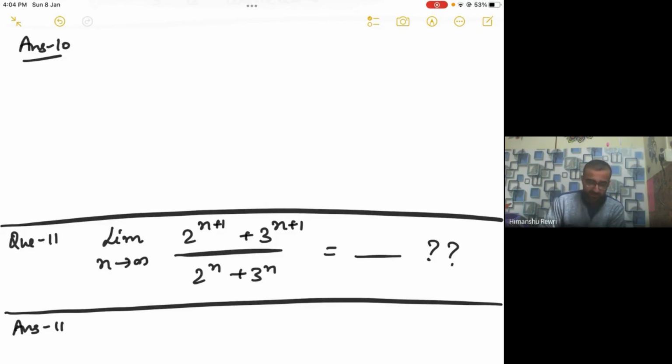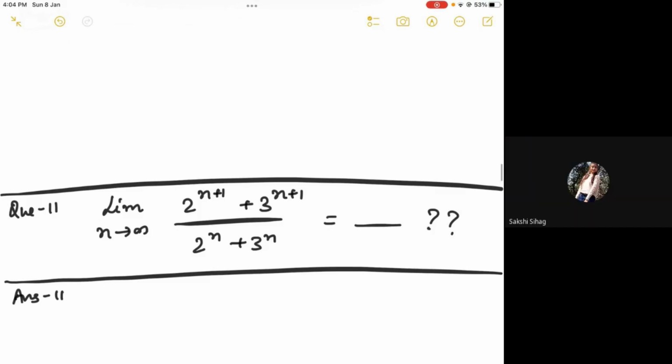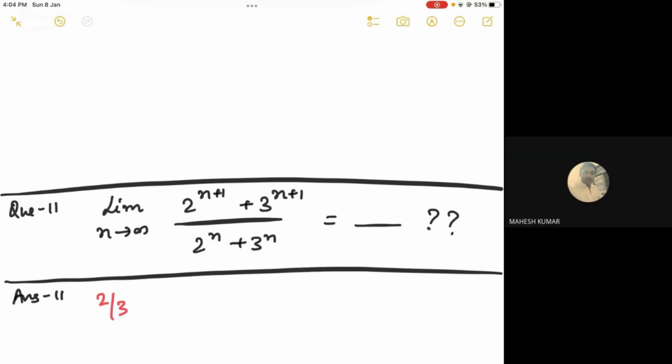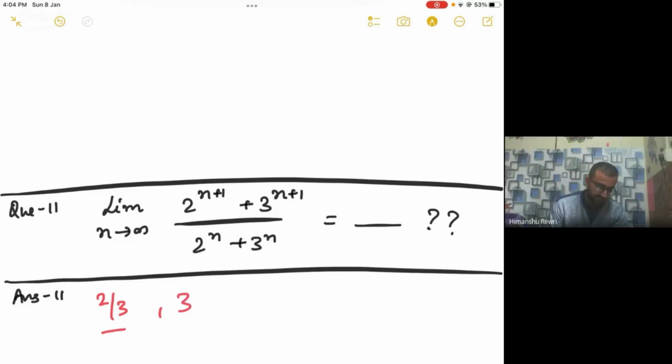So I thought I should give 2 by 3. Yes, 2 upon 3. I think it's 3. So one answer that came is 2 by 3. Another option that came is 3.